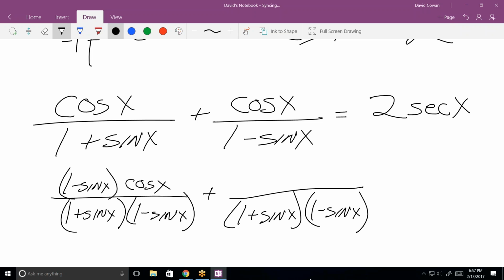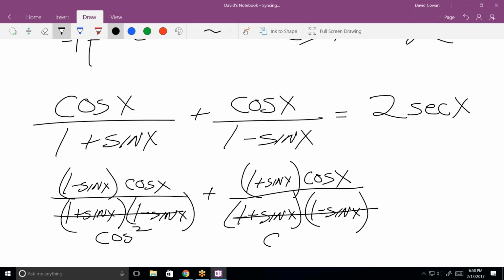And then on the right, 1 plus sine x, sorry, times cosine x. Okay, we know this is going to turn into 1 minus sine squared, which turns into cosine squared. This is going to turn into 1 minus sine squared, which turns into cosine squared.